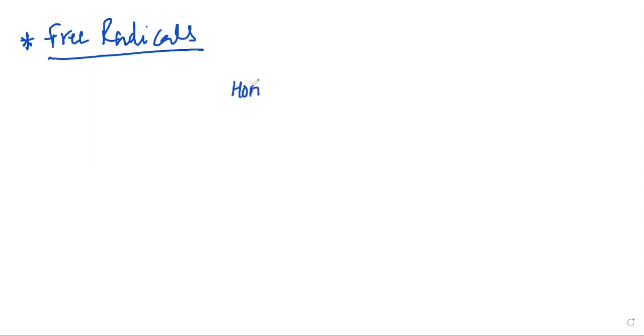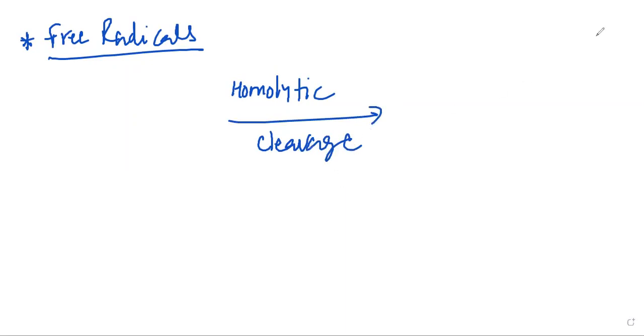Okay, dear students. Now we want to study about the free radicals. You know, free radicals are the species produced by the homolytic cleavage. Please remember that free radicals are generally produced by the homolytic cleavage.